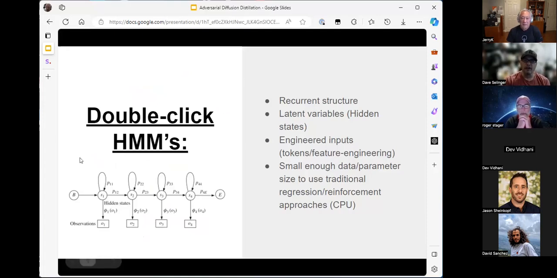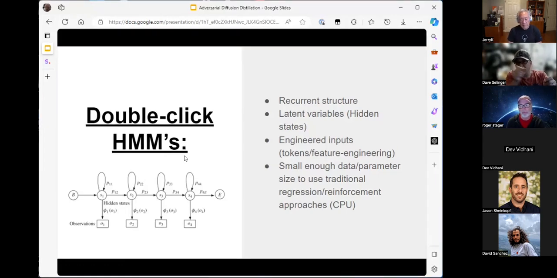I do want to double click on HMMs before I move on, because HMMs have a lot of the features that end up showing up throughout the history of deep learning. I hope most of you are familiar with HMMs. If you're not, it stands for Hidden Markov Model. It essentially is a method of processing sequential data using a set of latent variables. So let's say we're looking at a word and we're looking at each letter.